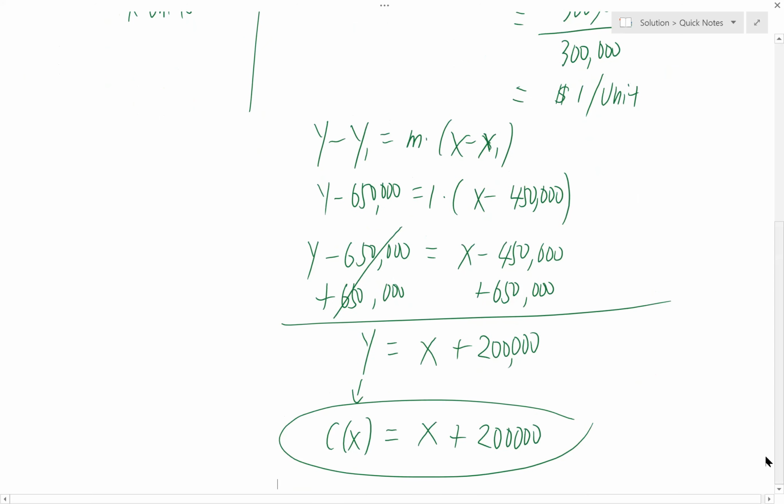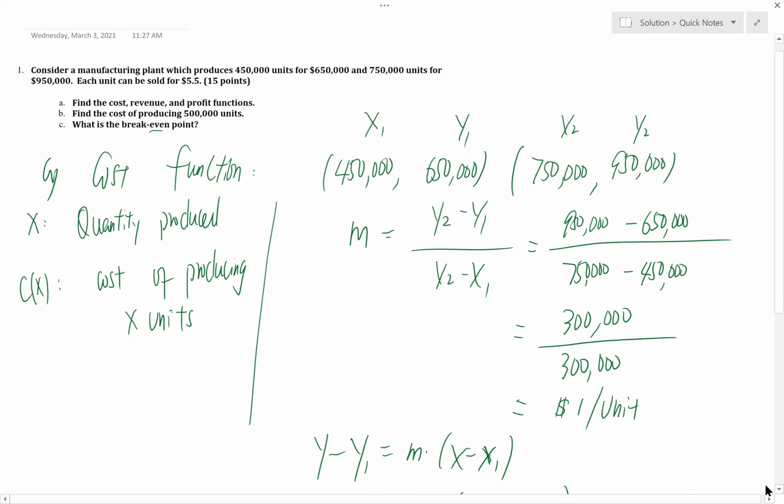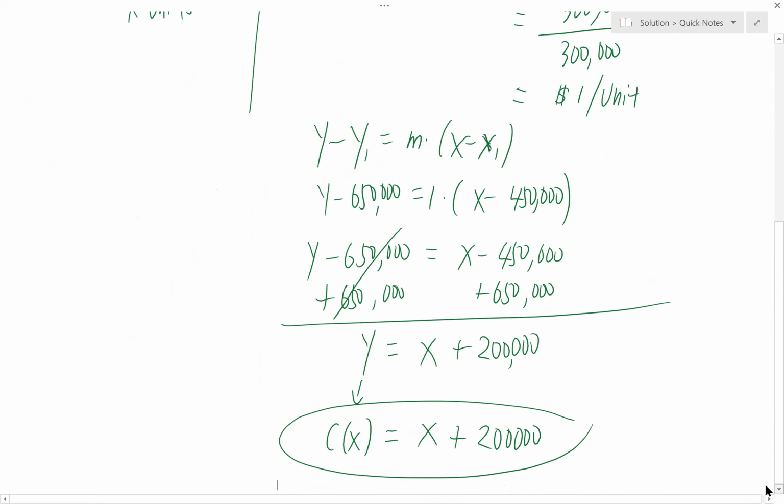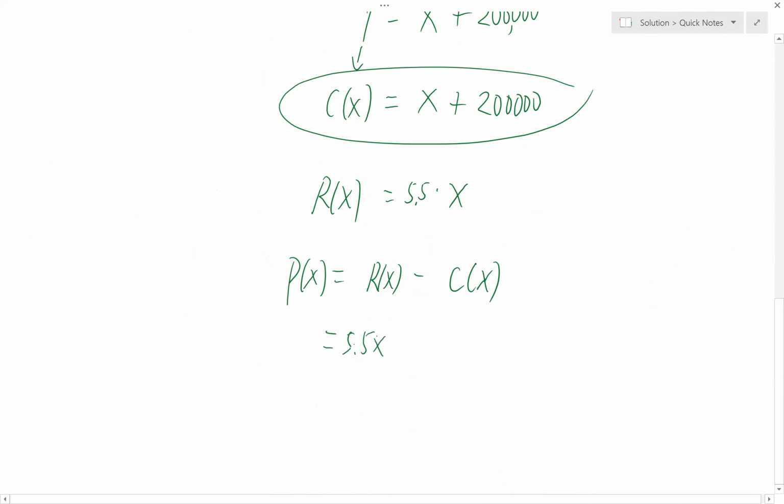And the second one will be the revenue function. Each unit is sold for $5.50, so this is the revenue per unit. And we have x units, right? So the revenue function here should be 5.5 times x units sold. And then the third one will be the profit function. Profit function is revenue function minus cost function. I'm just throwing in both equations: 5.5x minus (x plus 200,000).